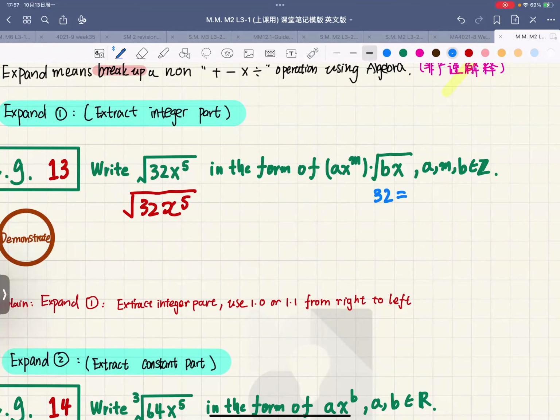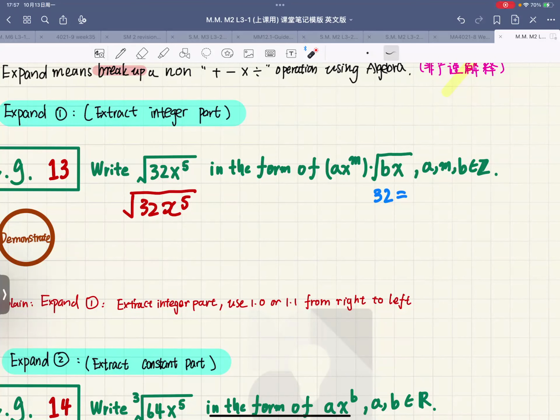We need to take out a x to the power of m from the square root. Think about if we want to take out from the square root to get an integer. We have 32. How can we break up 32?